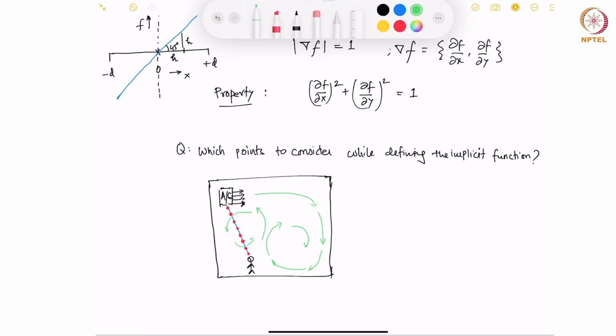So my chances of getting cool air might be here. So I should sample that point, and in fact, I should sample a lot of points in this space, and then do a level set, and then figure out what is the best place to sit, right? So which points should I sample?